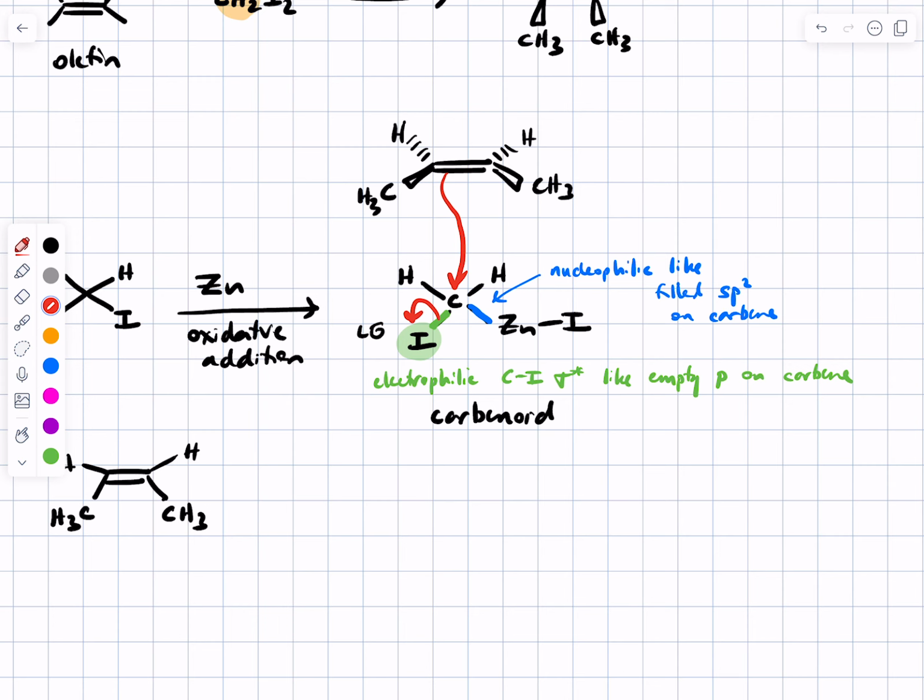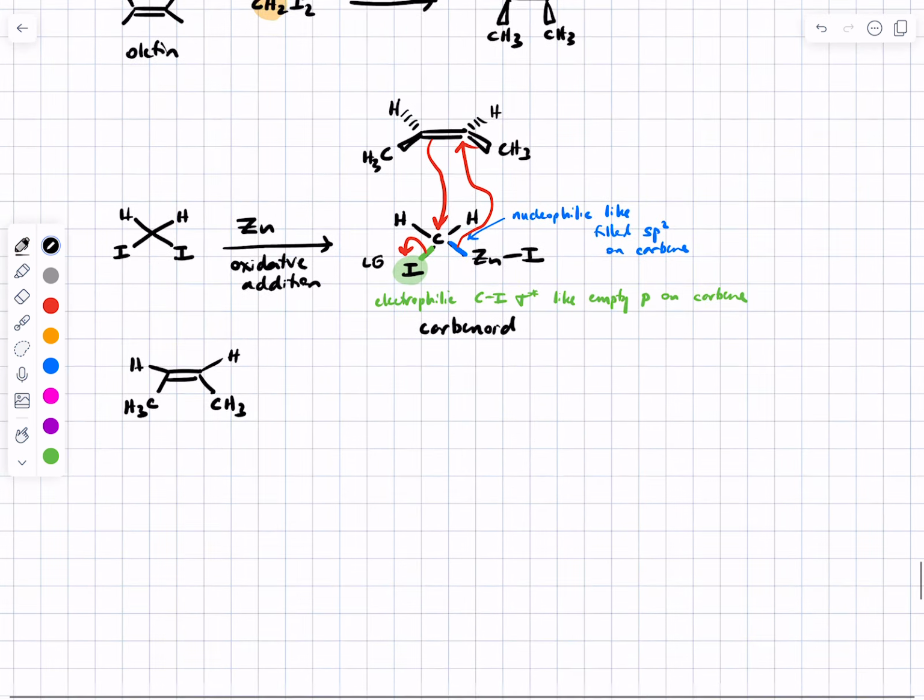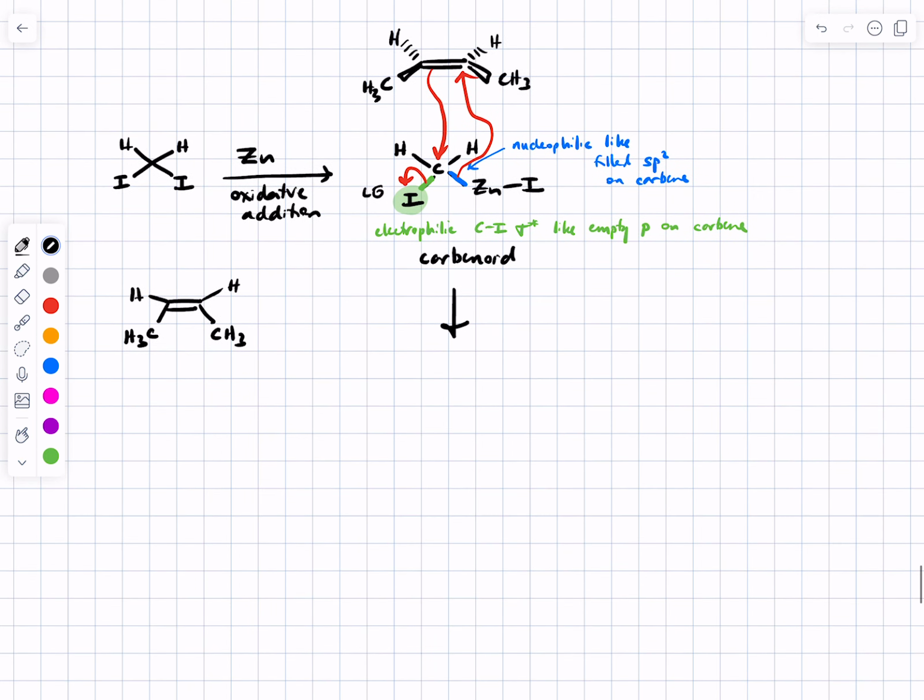And then at the same time, electrons from the carbon-zinc bond will attack the other carbon, and zinc will go off on its own. That gives us our new cyclopropane ring. And then I minus ends up being bonded to zinc.